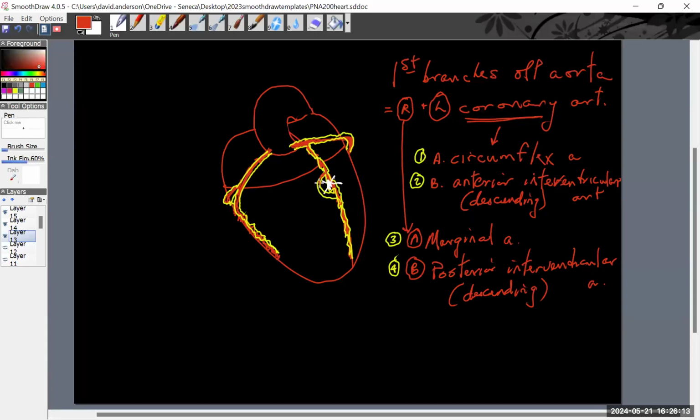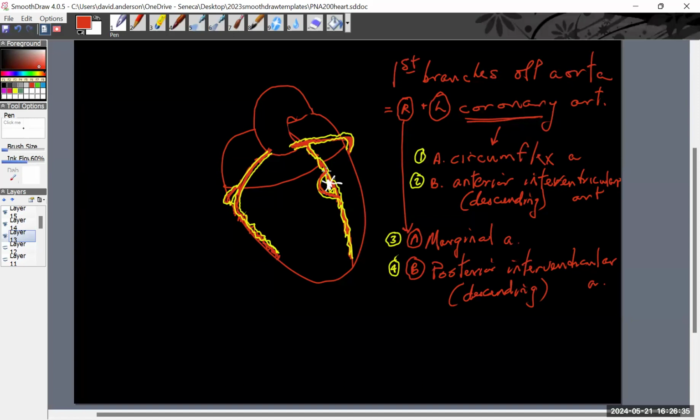So instead now, we create a bypass. Okay. So that would be a single bypass. You can have a double, a triple, or a quadruple bypass, depending on whether it's 1, 2, 3, or 4 of these major arteries that need to be bypassed.